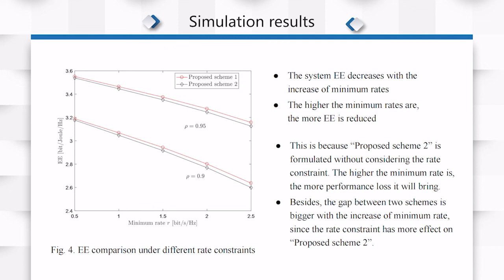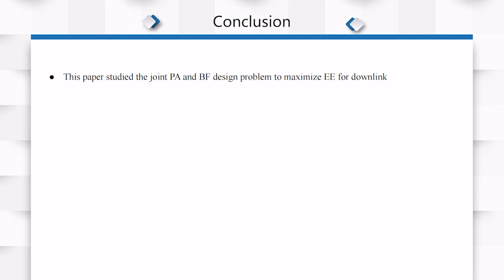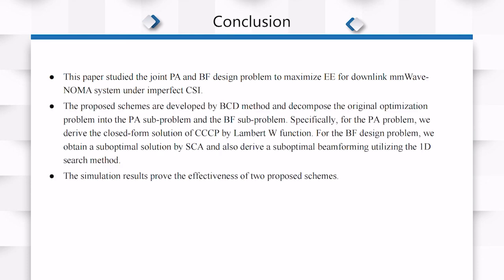That's all for the simulation results, and finally, I'd like to make a conclusion for this presentation. We studied the joint power allocation and beamforming design problem to maximize energy efficiency for the downlink mmWave NOMA system under imperfect CSI. The proposed schemes are developed by the BCD method, decomposing the original optimization problem into the power allocation subproblem and the beamforming subproblem.